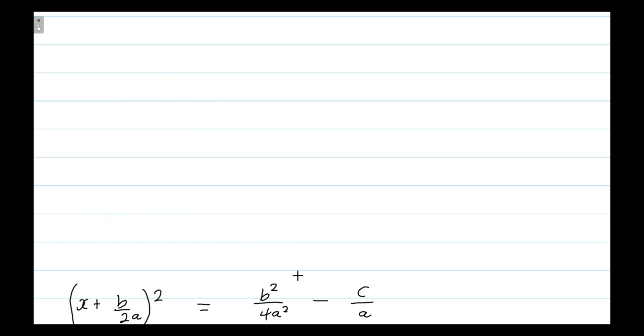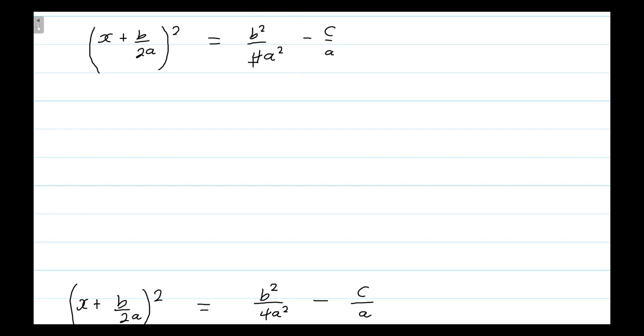The next step is to simplify these fractions to be a single fraction. So that is x plus b over 2a all square equals b squared over 4a squared minus c over a.